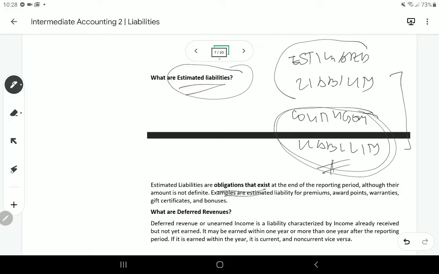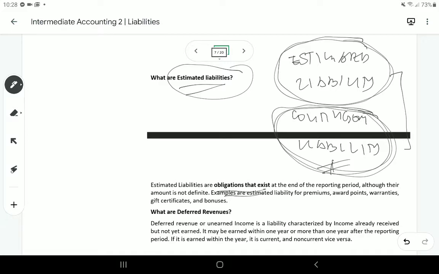Whereas, ang estimated liability, mayroon ng liability talaga. Klaro na mayroong liability. Ang hindi klaro sa estimated liability is ang amount lang. Pero sa contingent liability, hindi pa klaro kung mayroong liability.